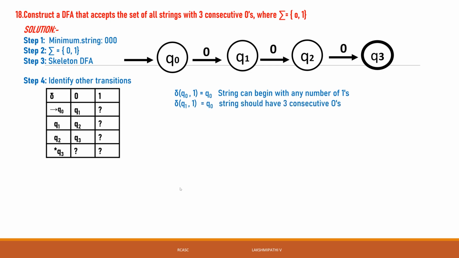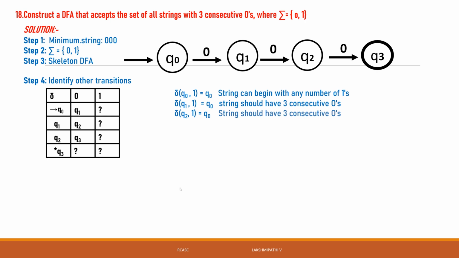That is also right. Transition of Q2 of 1 will produce Q0 again, because the string should have 3 consecutive zeros.